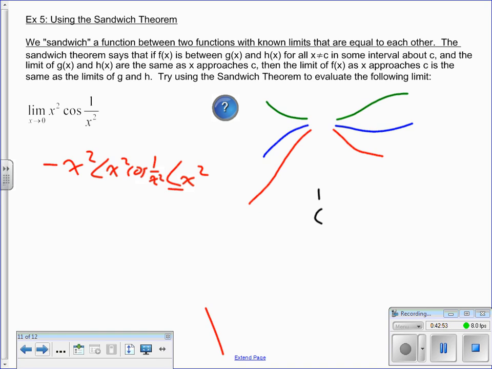The minimum value will be negative 1. So this is going to be less than or equal to that. As they approach the same point, if I take the limit of this as it approaches 0, and the limit of that as it approaches 0, if they both go to the same point, that is the limit of that function.